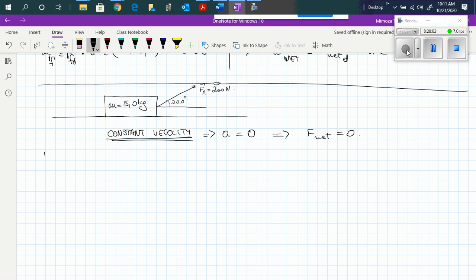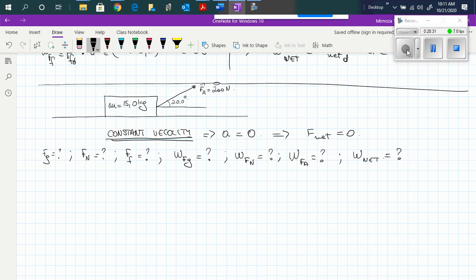On this question, what we are finding is what is force of gravity, what is force normal, what is force of friction, and then we said what is force net. And then we'll move to what is the work done by force of gravity, work done by force normal, work done by force applied, and what is work net.